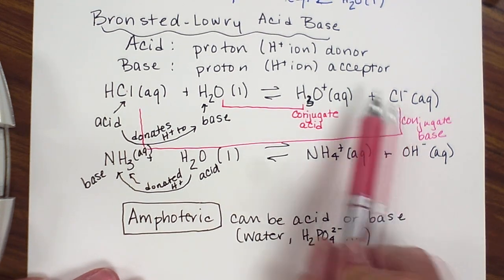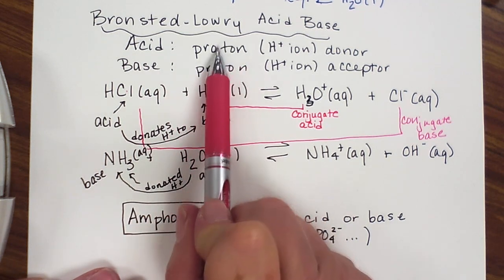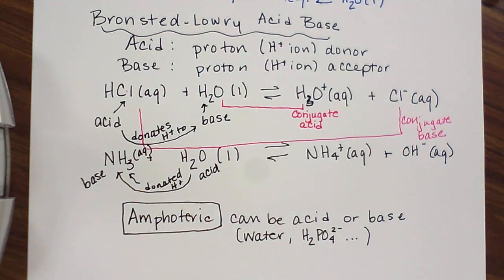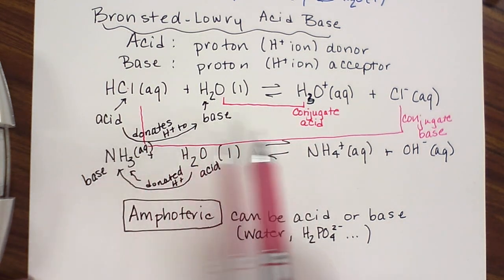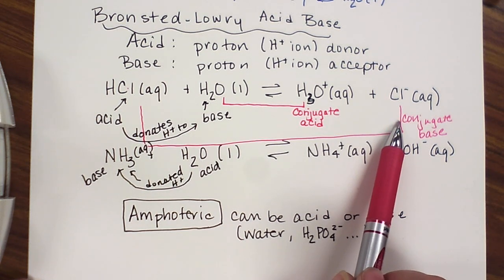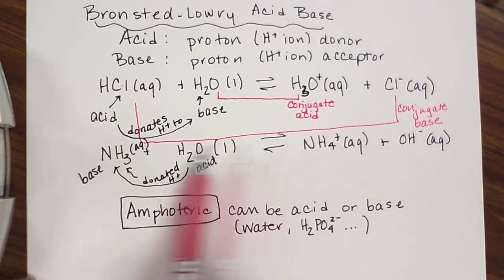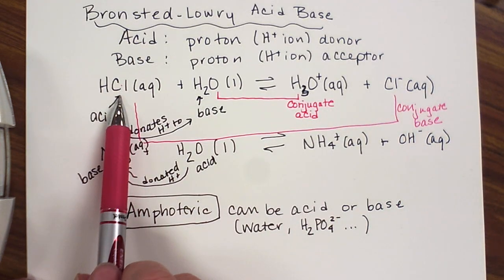And by definition, that is the definition of the Bronsted-Lowry acid and base. Will you donate a proton or will you accept a proton? Now, not everything is an acid or base in Bronsted-Lowry's view, but if you are, you're either going to accept or you're going to donate. And if you accept, you then become a conjugate acid. And if you donate, you then become the conjugate base. Because then you can accept and go back to be an acid.